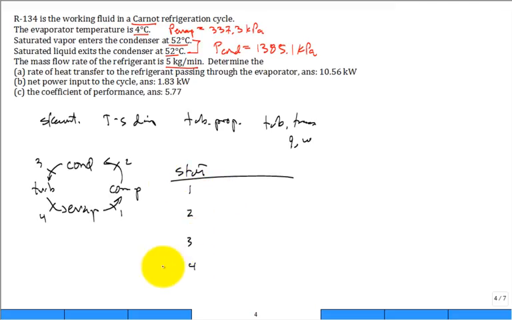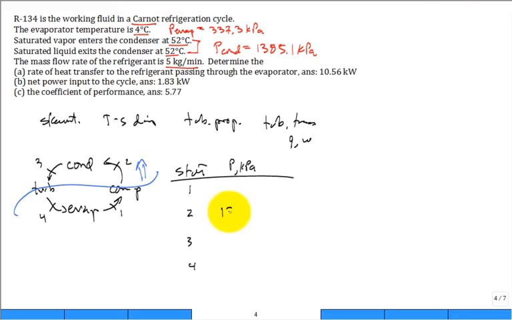It's Carnot, so I don't have to worry about efficiency for the compressor or efficiency for the turbine. It's all isentropic flow. So we're going to have pressure in kilopascal. I can fill out those 4 pressures right away, because all I have is high pressure or low pressure. It's cut right in between. This is all the high pressure. State 2 and state 3 have the same pressure. That's the high pressure. Let's go ahead and fill that out.